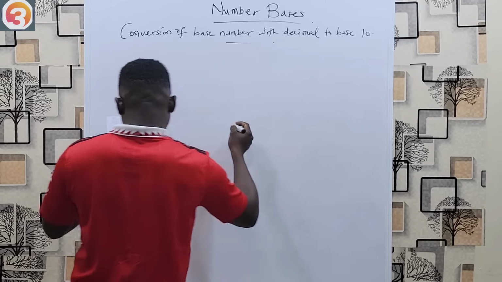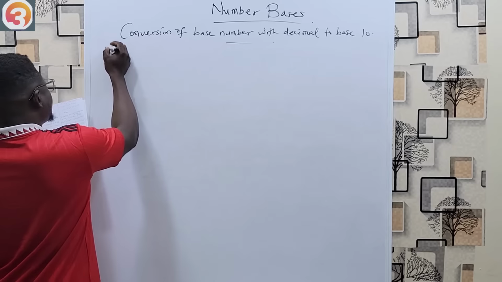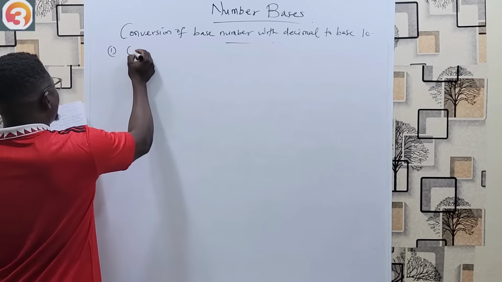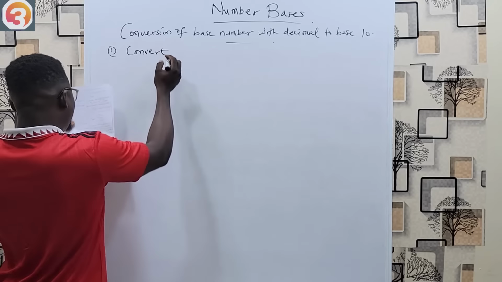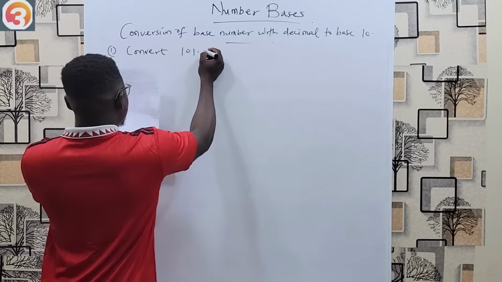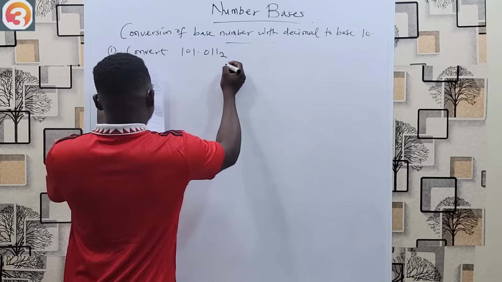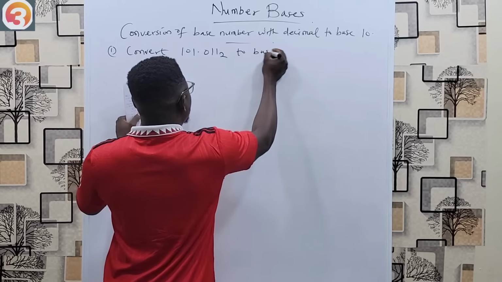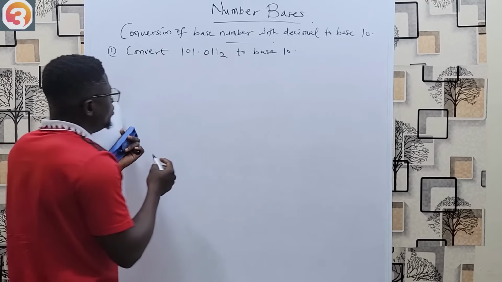Now we'll take an example. This is a JAMB past question from the O3Schools JAMB. Convert 101.011 base 2 to base 10.